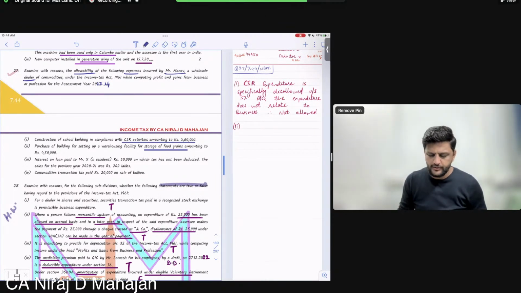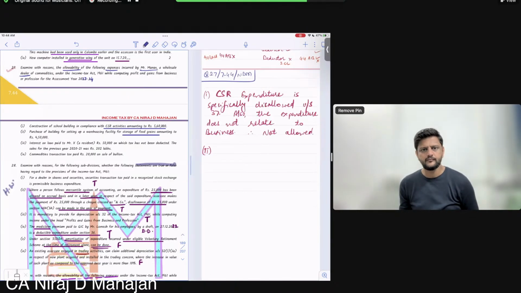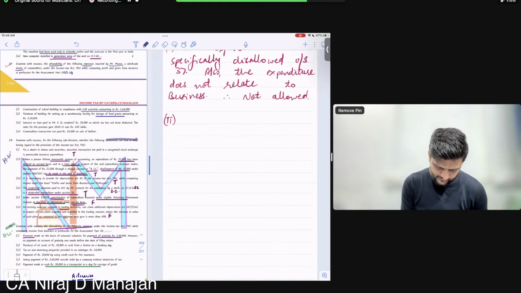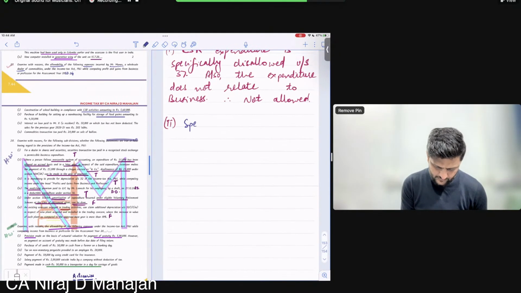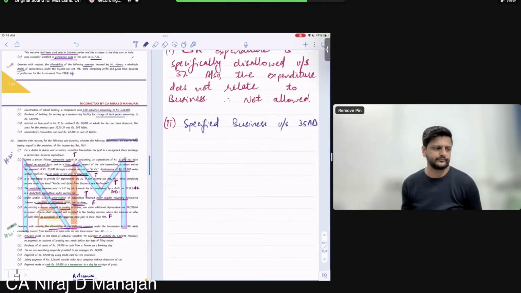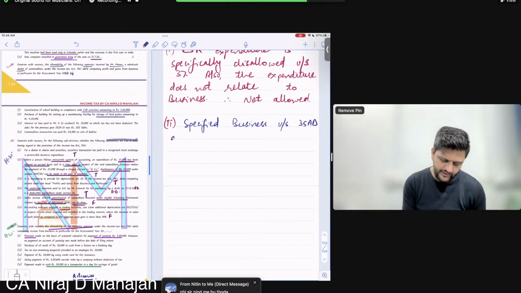Correct, no? Khushbu, Nitin. Forgot so soon? Specified business under section 35AD gets full deduction, even capital expenditure for that matter.